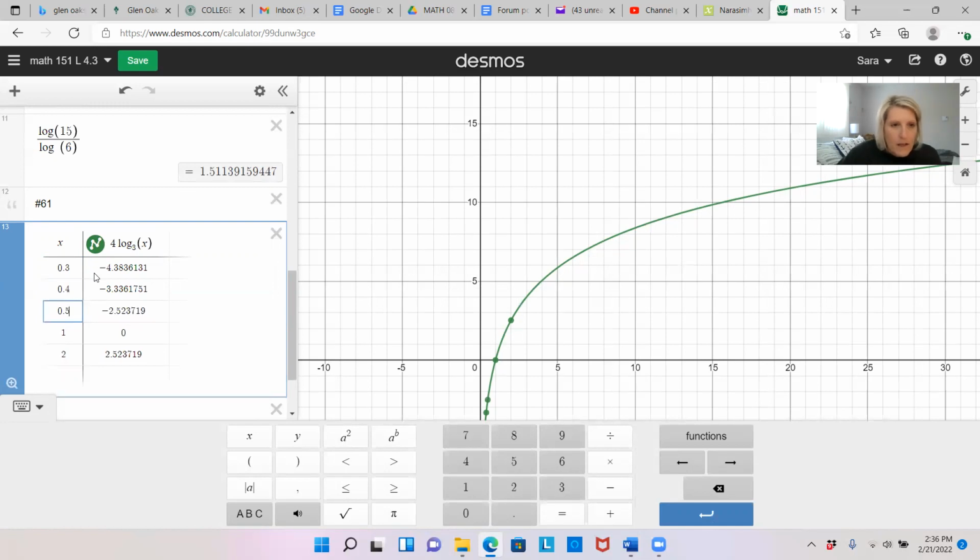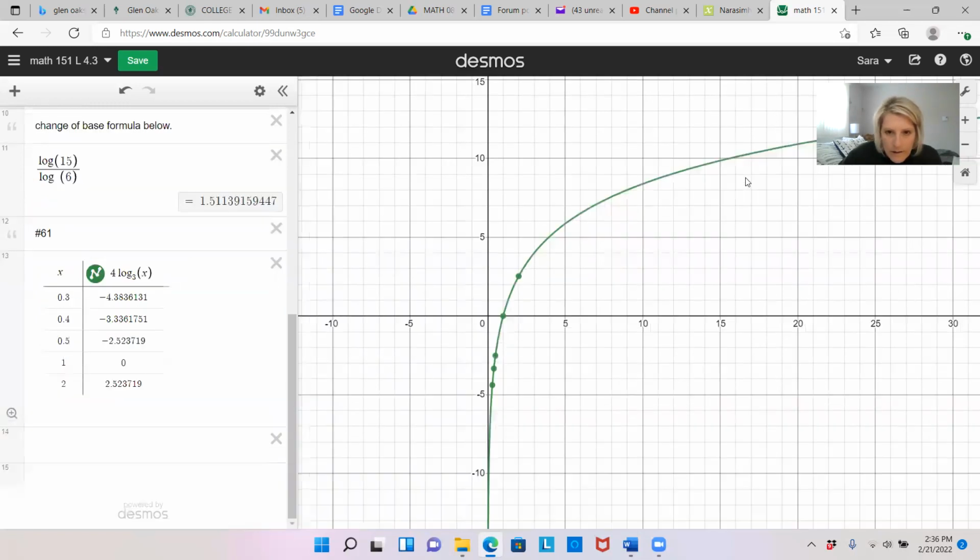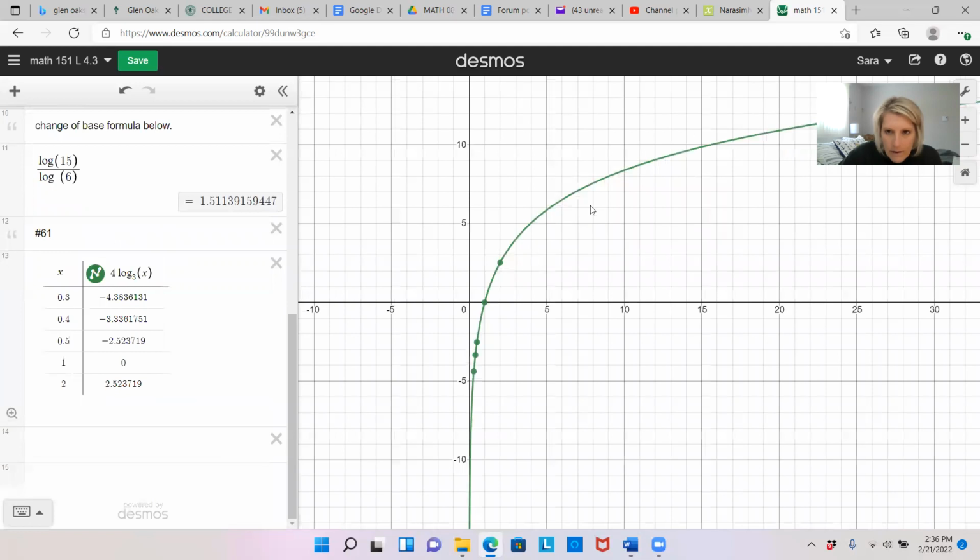Let's just see. Okay, so very negative. We can see that here, and then it's going to grow. And sure enough, there's (1, 0). That's our intercept. And that's what they wanted. They wanted us to be able to graph the function and label asymptotes and intercepts. There we go.